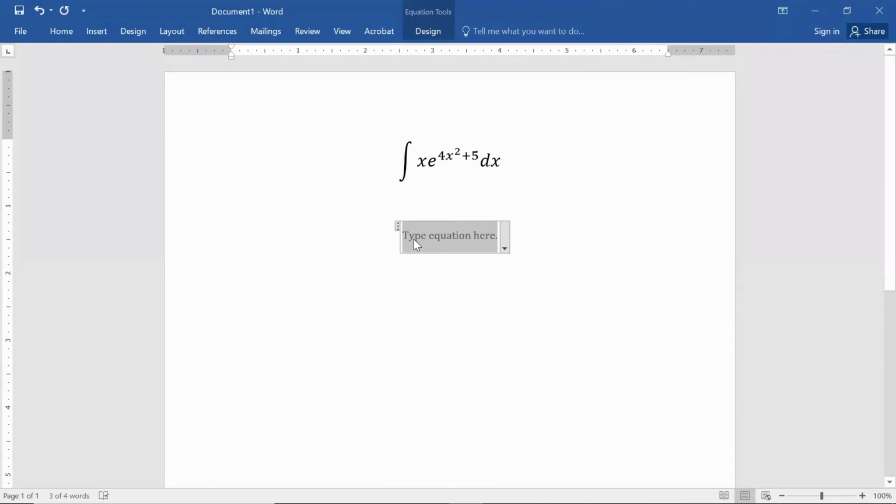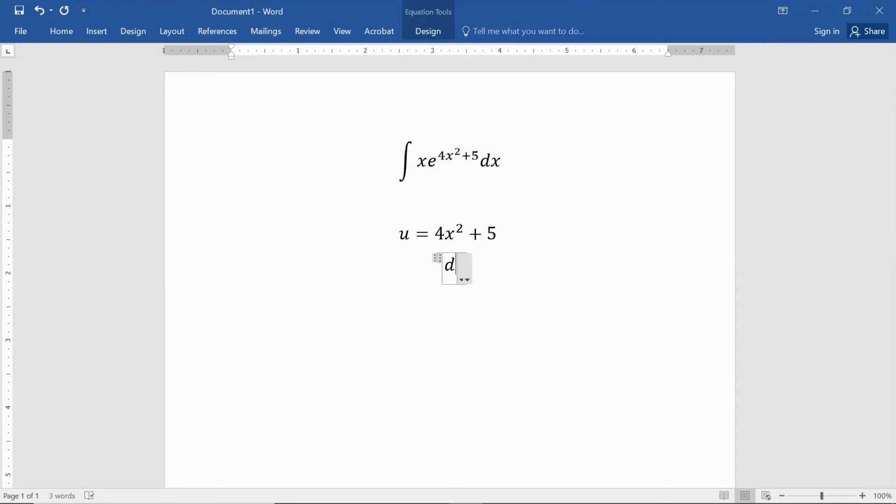Like I said, in this case, we have the function x times e to the power, and that power is 4x squared plus 5. The inside function is going to be the 4x squared plus 5. That is the function in the exponent.